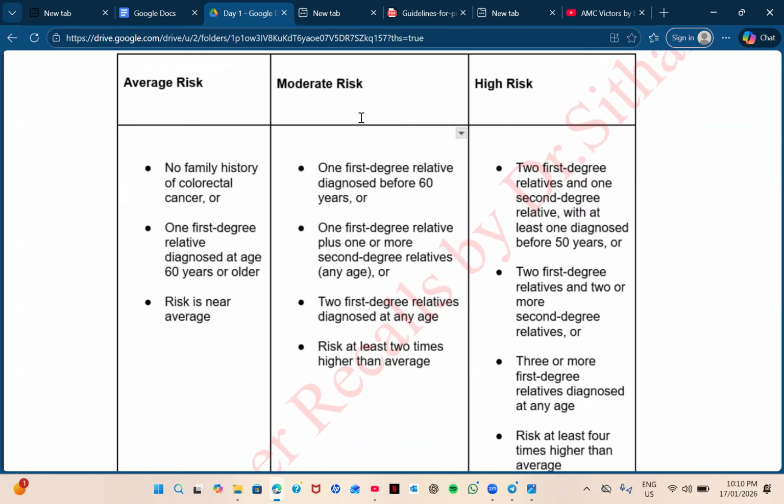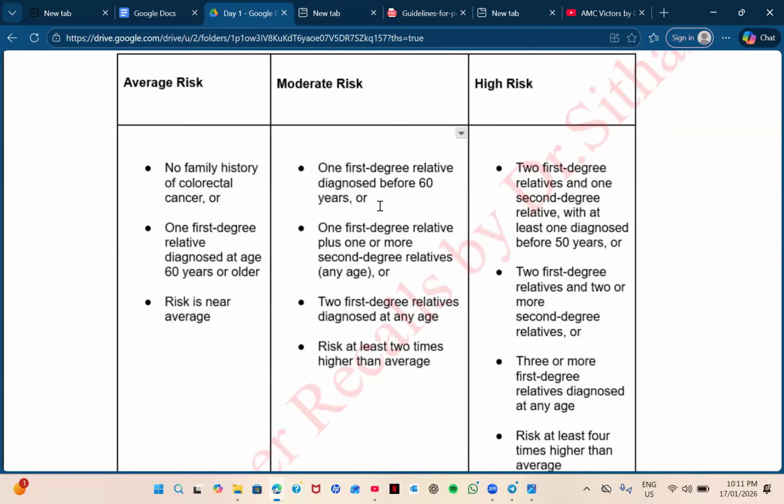Then who are the moderate risk people? One first degree relative diagnosed before 60 years, or one first degree relative plus one or more second degree relatives at any age, or two first degree relatives diagnosed at any age. These are the three criteria, and one is enough to categorize our patient as moderate risk.